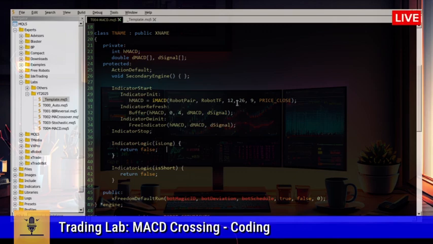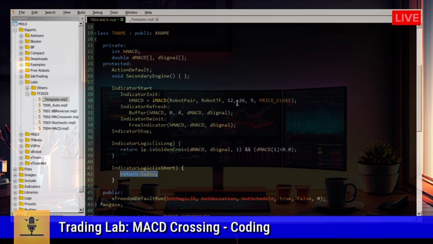Okay, that's all. Now we need to put down our trading rule. So we will go long when there is a golden cross below zero. Okay, the MACD less than 0.0.